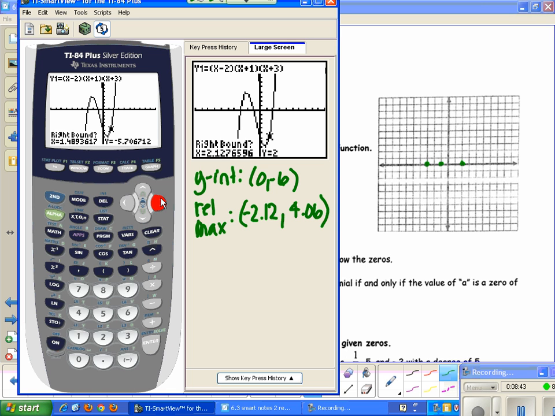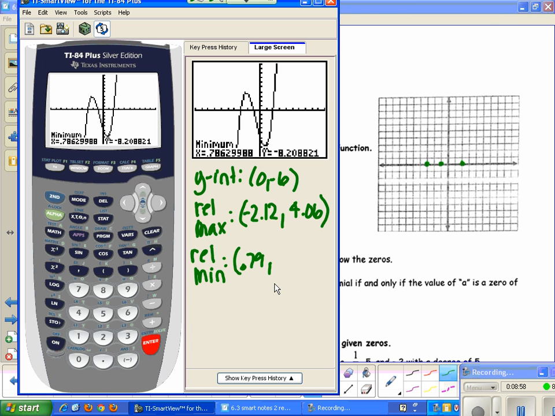Something to the right on the other side. Enter. Enter. And then that would give me my relative minimum. Again, round to the nearest hundredth, so 0.79, -8.21. And I'm going to use that to help me graph, and I'm going to copy this onto my paper.